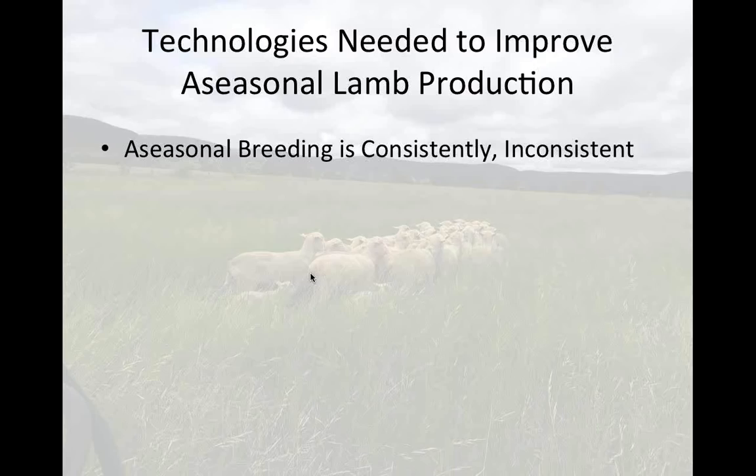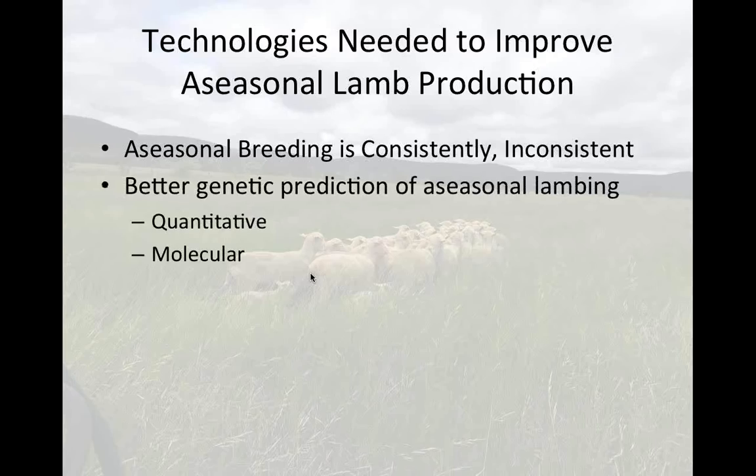And in many of those cases, these farmers and ranchers report their challenges with the inconsistency. Some years it's 90%, some years it's 40%, some years it's 10% breeding for those fall lambing periods. And so we do need technologies that will help us with this.